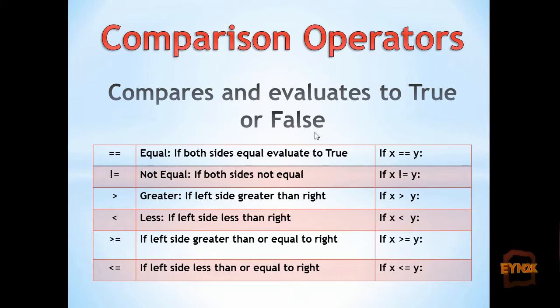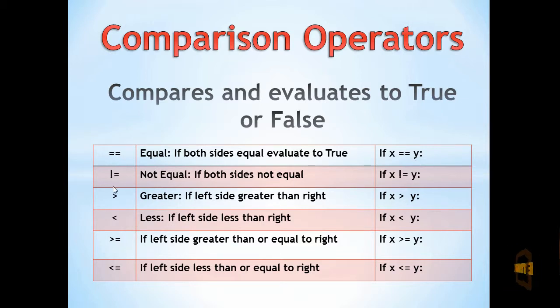Here's some examples of the comparison operators. If we look at the two equal signs, what this does is that we can check if the side on the left is equal to what is written on the right inside the if statement, such that if x is equal to y, this will evaluate to true. If it is not equal to y, it will evaluate to false.